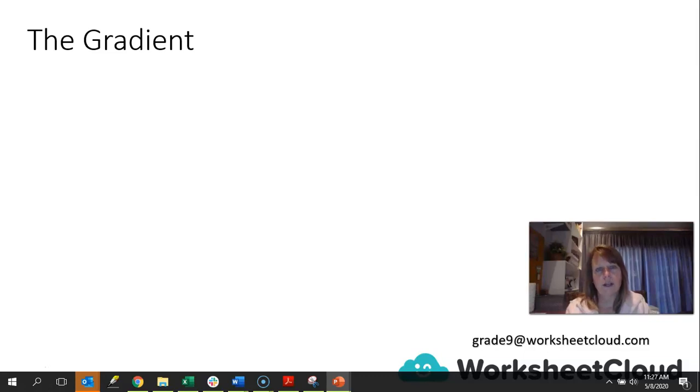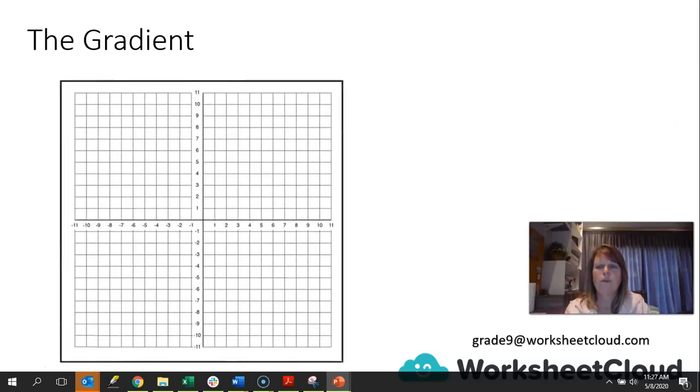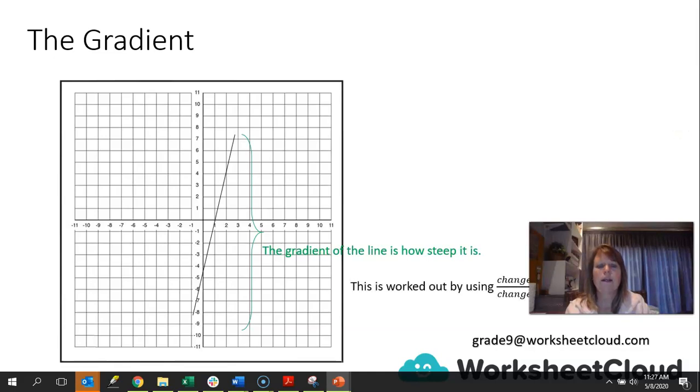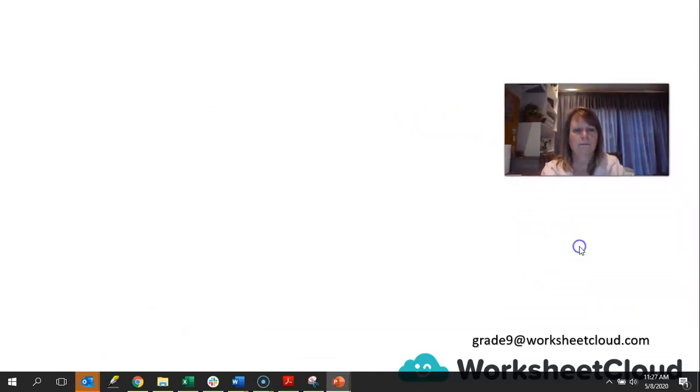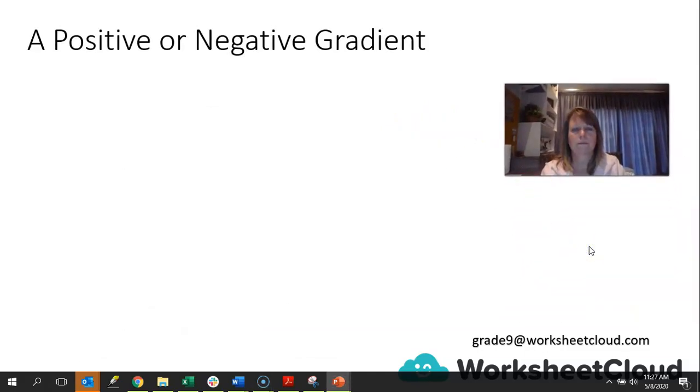We also chatted in the last lesson a little bit about the gradient, and I said we were going to look at that more. So if we've got a line that looks like it did on the previous graph, that is what we call the gradient. First of all, it tells us how steep the line is and in which direction it's going. That is by using the formula: the change in y over the change in x.